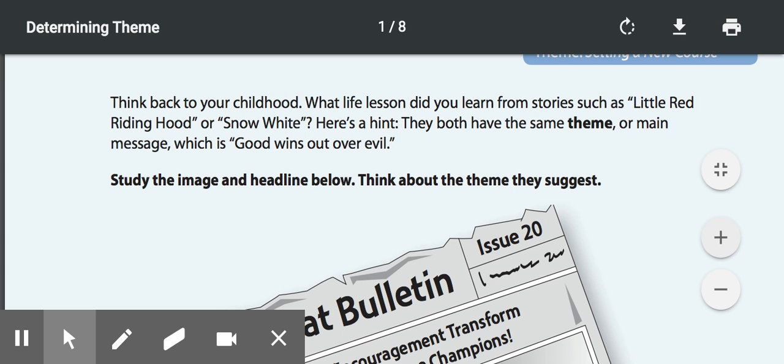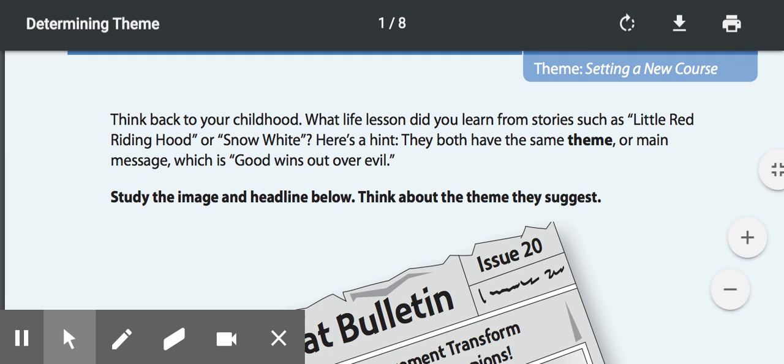And our how: we will recognize broad messages in works of literature as themes. We will identify how characters' thoughts, feelings, and actions point to a story's theme. We will also analyze how the changes and growth experienced by characters develop the theme.